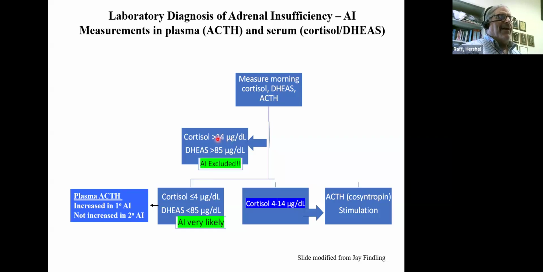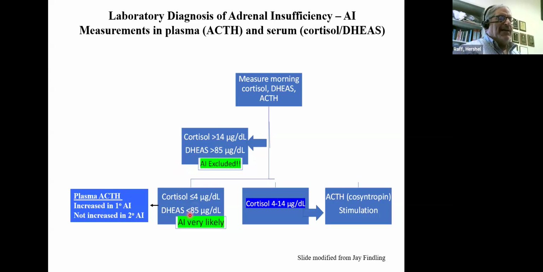If the cortisol is elevated, not low, and the DHEA is not low, you've pretty much excluded adrenal insufficiency. We do this in the morning again, when it should be at its highest. Now, each lab has a slightly different cutoff, so you should check what your reference range for your laboratory is.